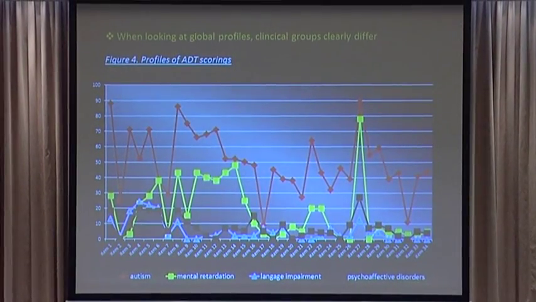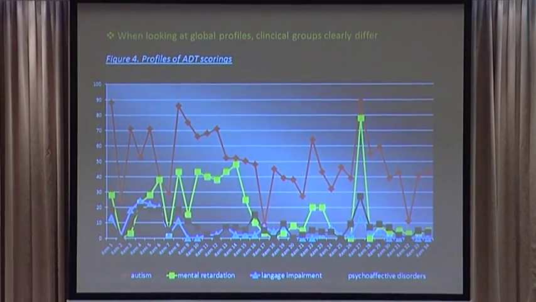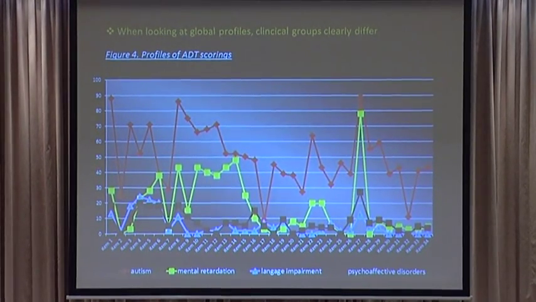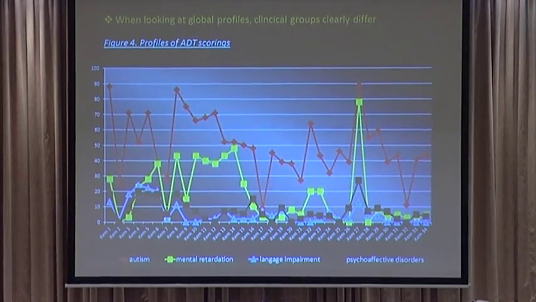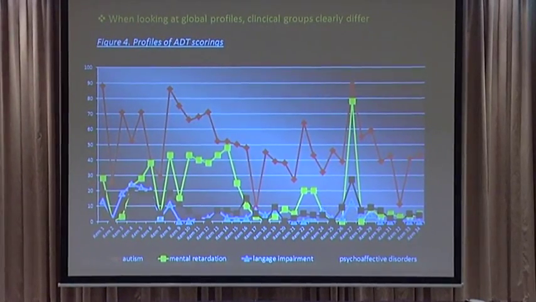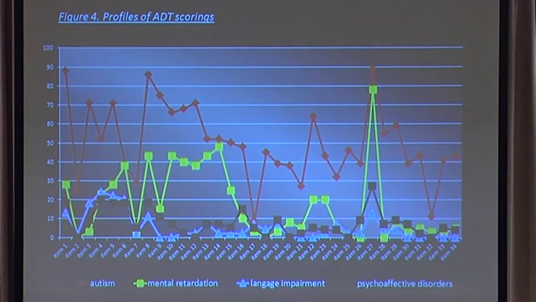Sorry. So when you look at the global profile on the questionnaire, you see that clinical groups differ. In red, you have the autism profile. For example, item 1, lack of eye contact, is rated positive in over 90% of the autistic children.